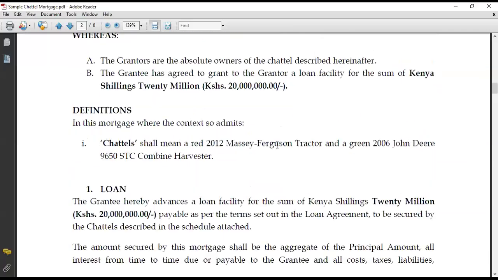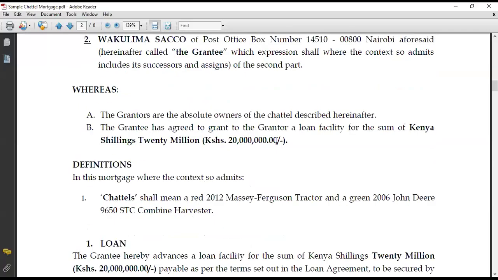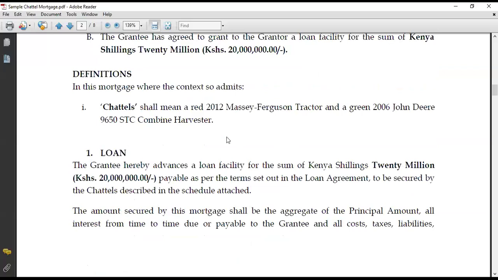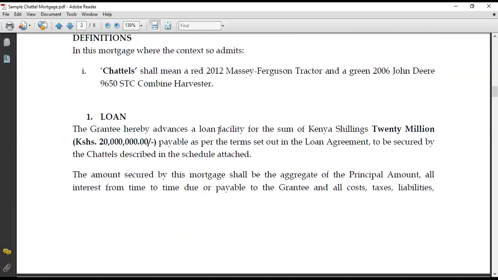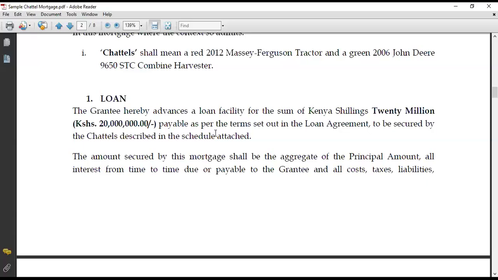You can even jump the recital. You go to the loan. That is another most important thing. So the grantee hereby advances a loan facility of shillings 20 million payable as per the terms of the loan agreement to be secured by the trucks.